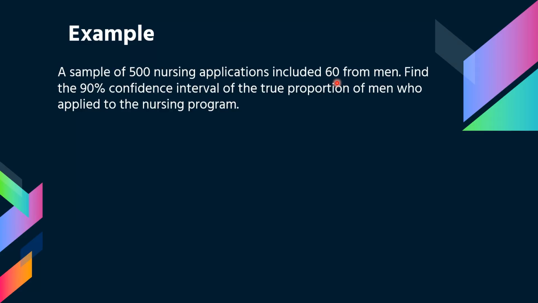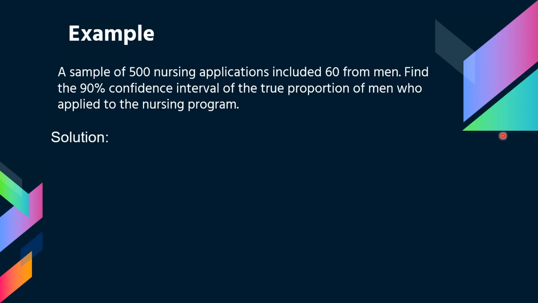Hindi lang 60, greater than 60. So, the problem is that we have to identify the 90% confidence interval of the proportion of men. So, ilan ba talaga ang lalaki out from 500 nursing applications?